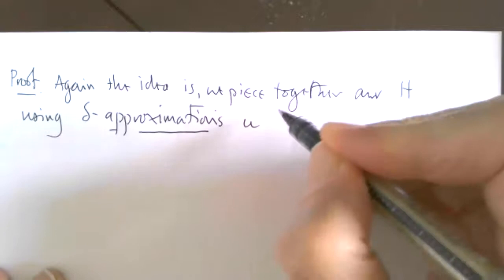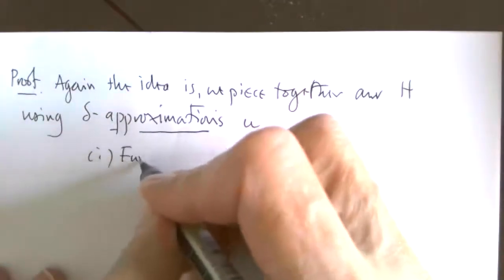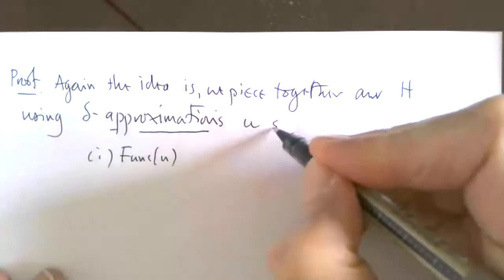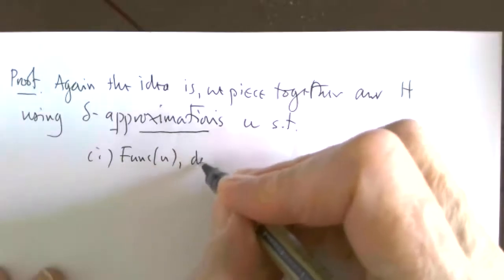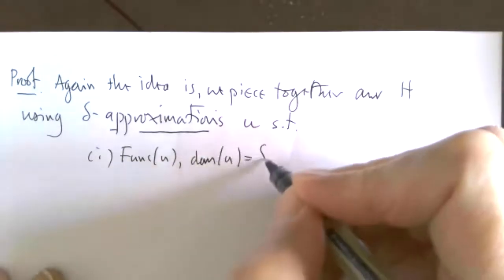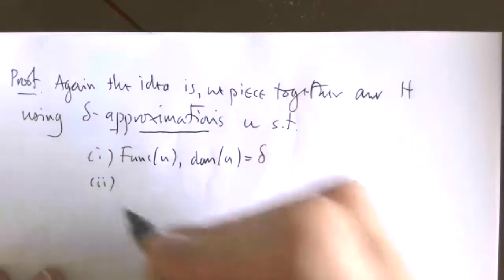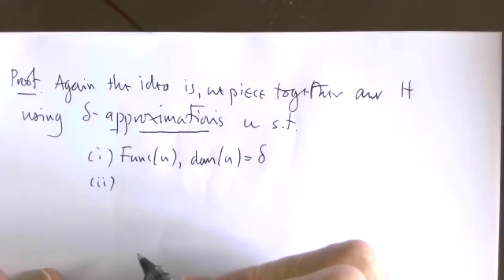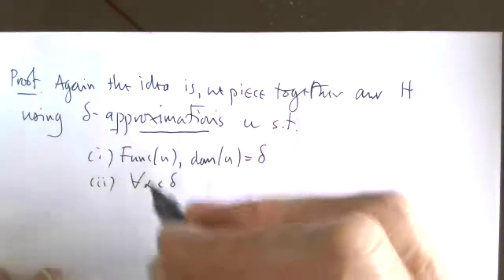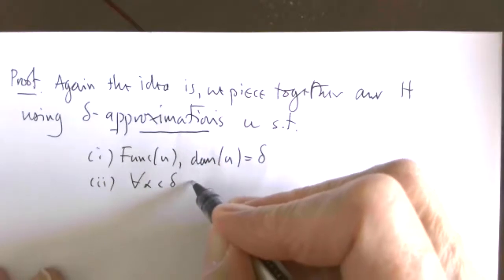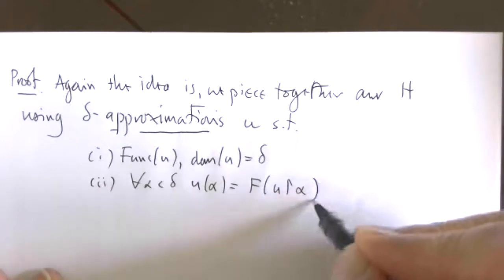Delta approximation is u. And to be a delta approximation, u had better be a function, and its domain is delta. And it's going to look like a piece of h. So for all alpha less than delta, u of alpha is going to be f of u restricted to alpha.